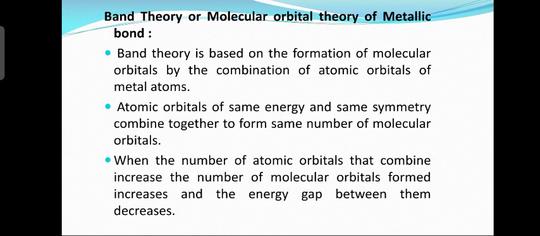Next slide. Band theory or molecular orbital theory of metallic bonds. There is a theory to explain the formation of metallic bonds, known as the molecular orbital theory or band theory. Band theory is based on the formation of molecular orbitals by the combination of atomic orbitals of metal atoms.